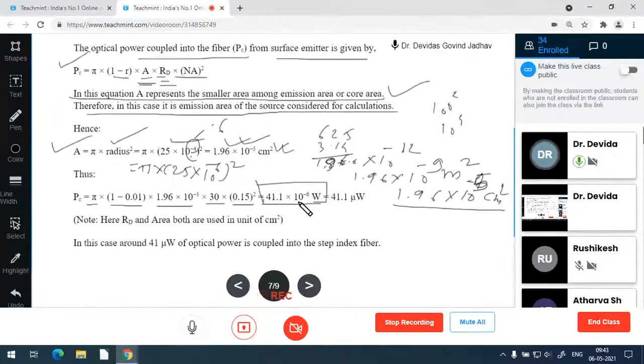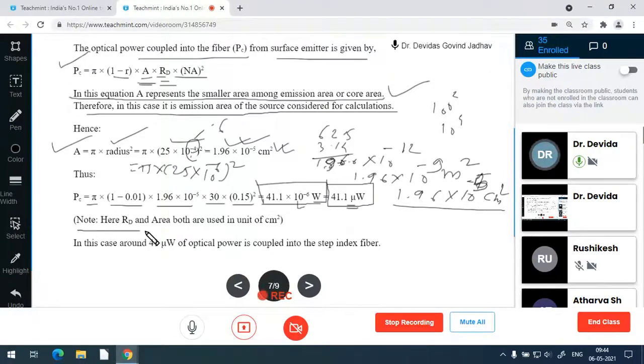So 10 raised to minus 6 we can write as micro. So 41.1 microwatt. For each multiplication factor, 10 to the power 3, 10 to the power minus 3, 10 to the power 6, 10 to the power minus 6, what is substituted, we have seen in the previous sessions of numerical problem solving, isn't it?